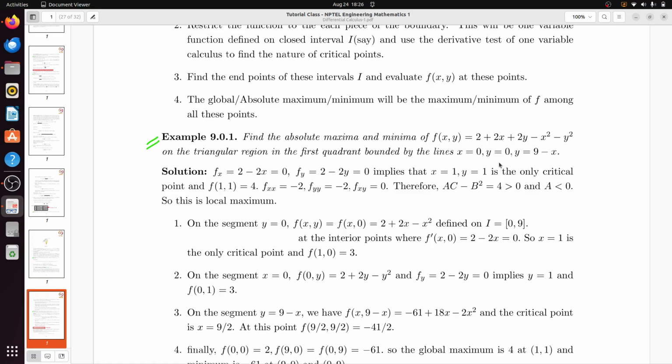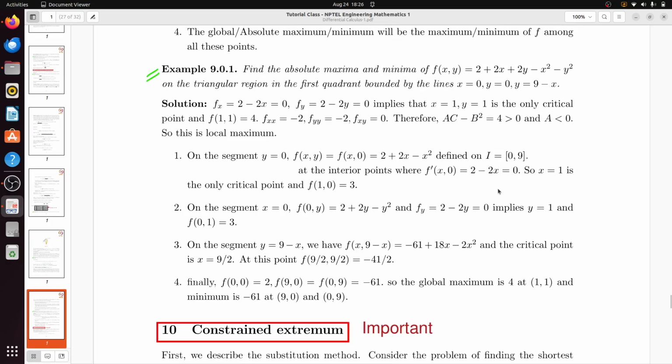Then you need to move to the corner points, and the first corner point is 0 comma 0. f(0,0) will give you 2, f(9,0) is minus 61, because these are the three vertices of the triangle: 0 comma 0, 9 comma 0, 0 comma 9. समझे? और एक जो स्ट्रेट लाइन है उस स्ट्रेट लाइन के मिडिल पॉइंट है 9 by 2, 9 by 2.